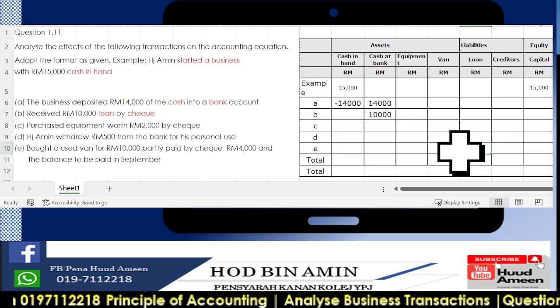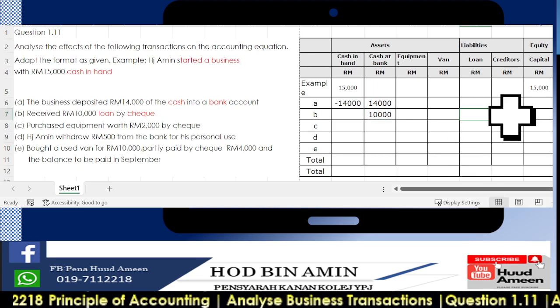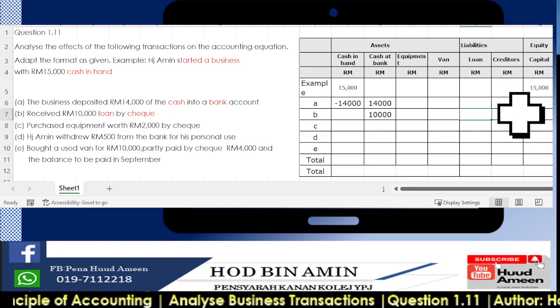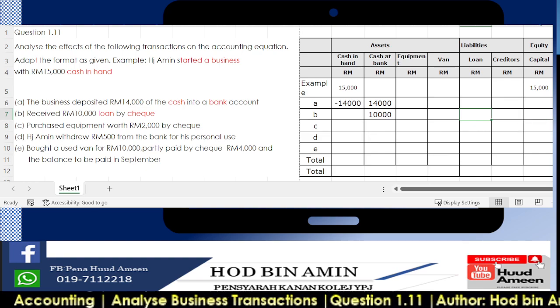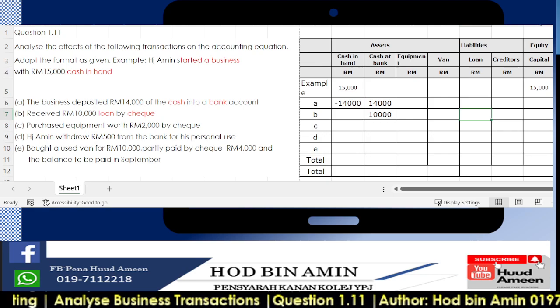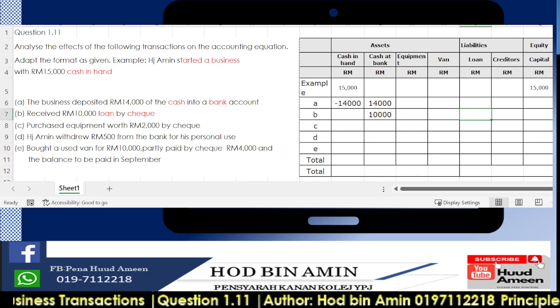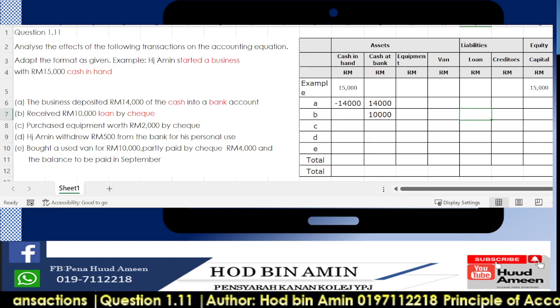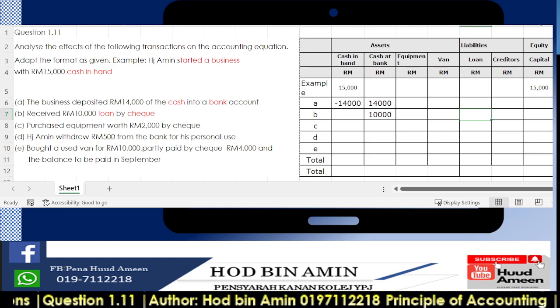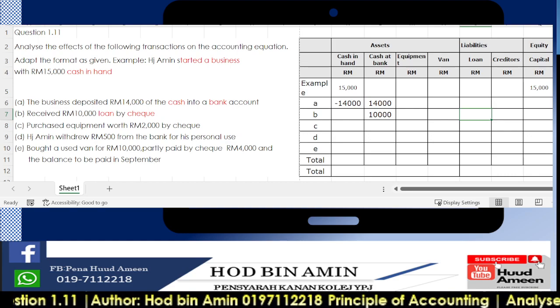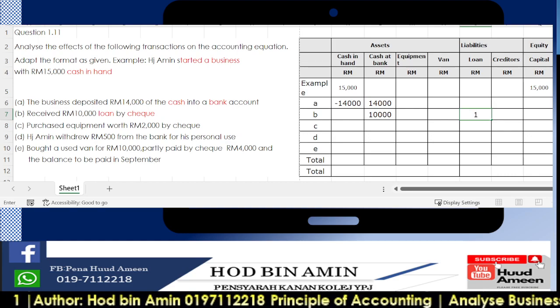And loan at the same time, loan means we owe something to someone. For example, you owe a loan from your friends, then our loan from zero before this. Then if you make a loan, our loan increases by 10,000.